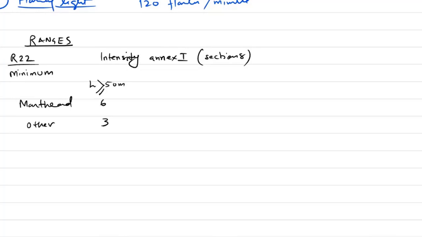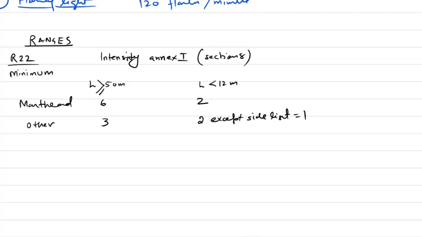That is the minimum range. If we talk about a small vessel, we'll take the extreme case: a vessel less than 12 meters. This will be 2 miles, and other lights 2 miles, except side lights, which are given at 1 mile.